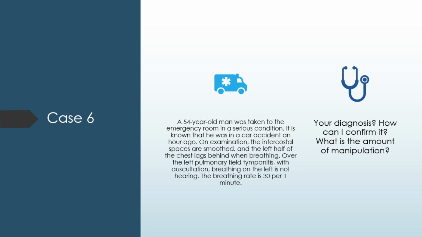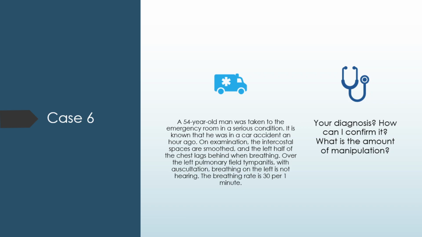And case number 6. A 54-year-old man was taken to the emergency room in a serious condition. It is known that he was in a car crash an hour ago. On examination, the intercostal spaces are smoothed, and the left half of the chest lags behind when breathing. Over the left pulmonary field, tympanitis.